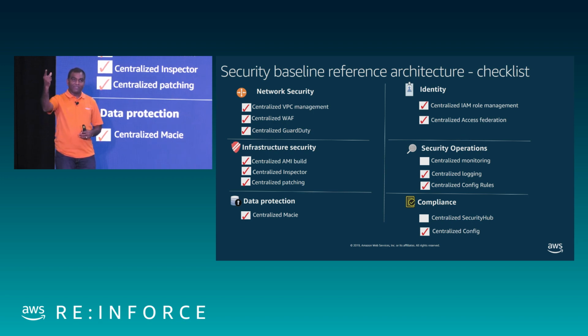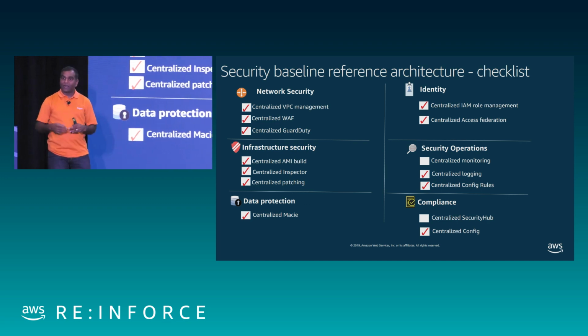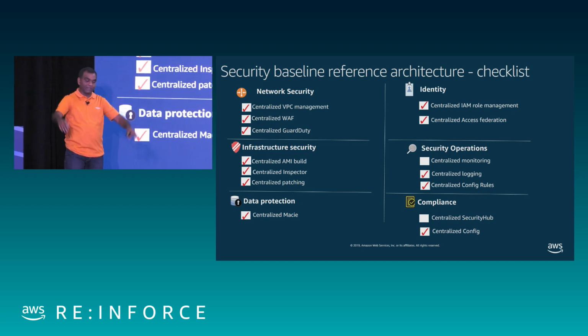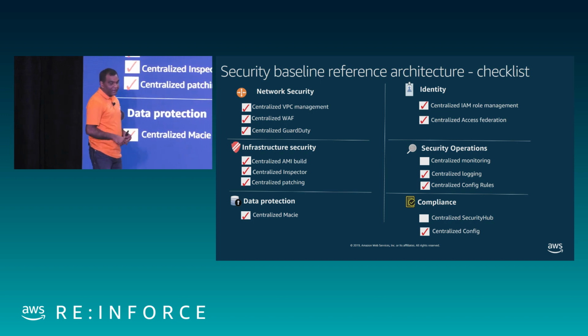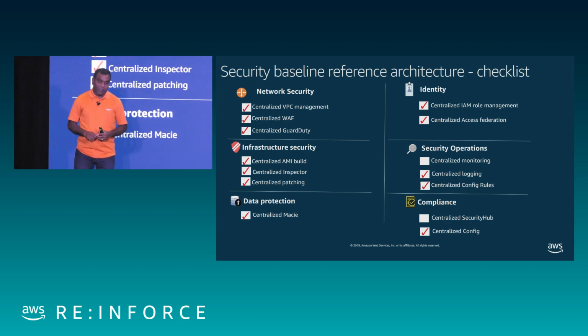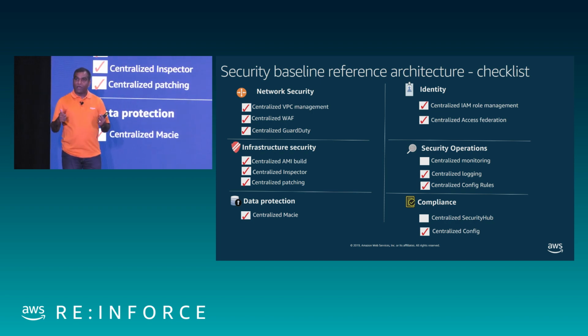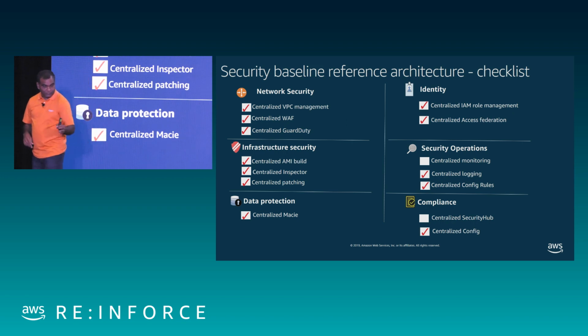But now you have a centralized AMI build, centralized Inspector to do your vulnerability scans, and you have centralized patching through one central account across all your infrastructure. And then we have a centralized Macie too. So we are doing good so far, right? We have centralized a lot of things so that whenever there is a new account coming up, we are checking off these boxes immediately.